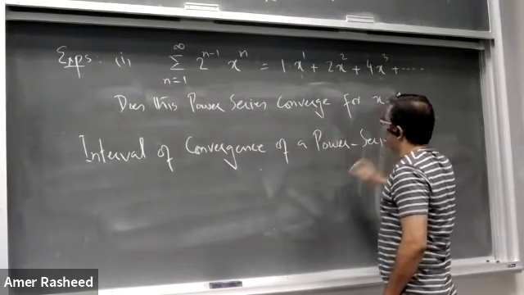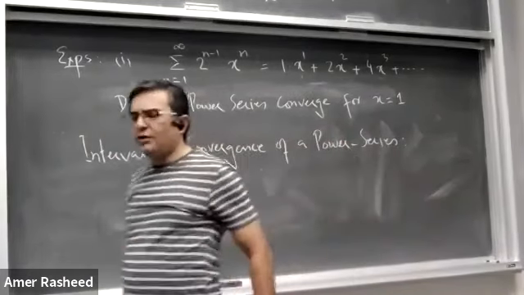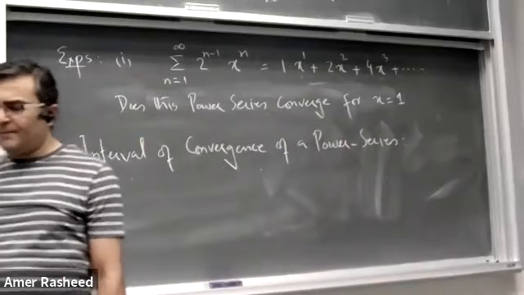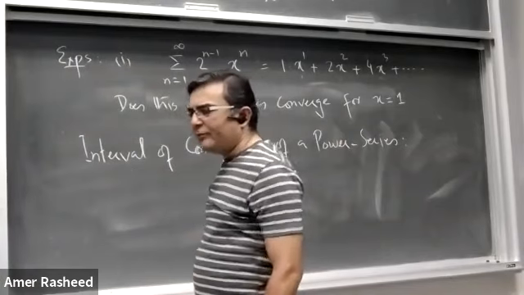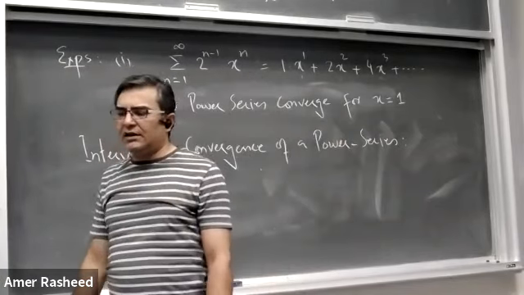In fact, these concepts are valid for any infinite series as well, but for the time being, we are discussing power series. Every power series has an interval of convergence.